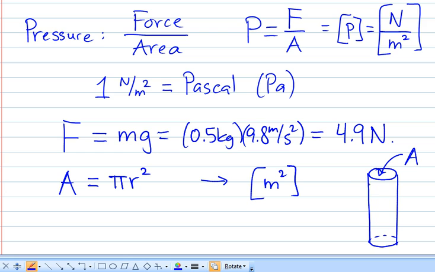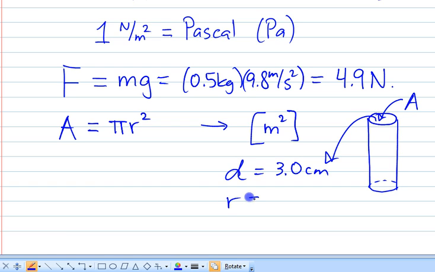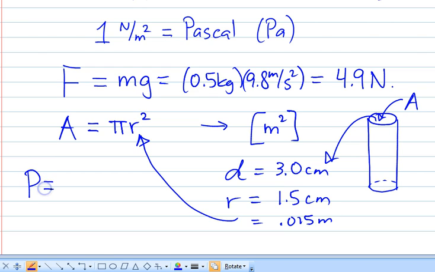So if you measure that this thing has a diameter of, for example, 3.0 centimeters, well, you have to do two things. One, convert into a radius, and two, convert into meters. Then you can plug that into here and find the area. And then last but not least, you can find the pressure by dividing the two.